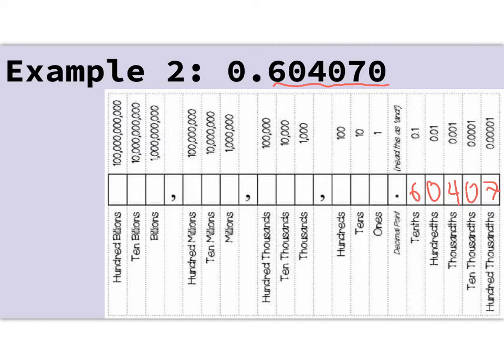We look at the last digit, which is 7, and we know we have hundred thousandths. So we're going to start: 604 700 thousandths is how we actually read this number. So the last digit, or the furthest digit to the right, becomes your place value, and whatever numbers you have to the left start at the last place value.